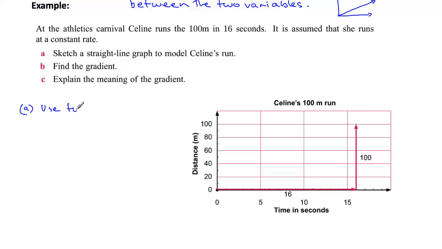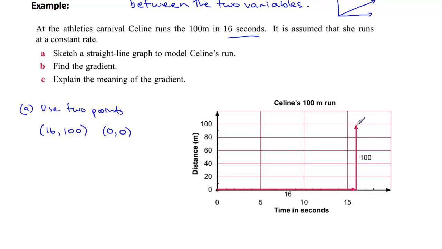Use 2 points to draw the graph. One of the points is the point 16 on the x-axis, that was 16 seconds, and the distance 100 metres on the y-axis. The other point that we know is the starting point, which would be time of 0 when she hasn't started yet and hasn't travelled any distance yet. When we put those together, we can get the straight line.